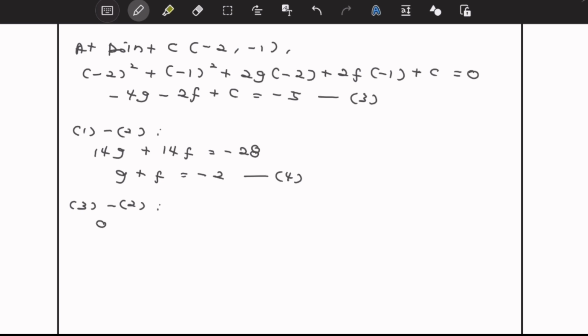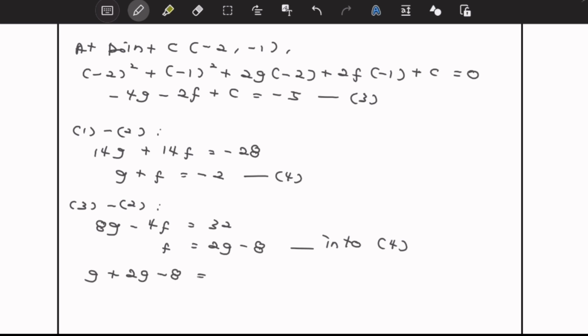So we get 8g - 4f = 32. So f = 2g - 8. We substitute this into equation 4. So g + 2g - 8 = -2. 3g = 6. Then g = 2.